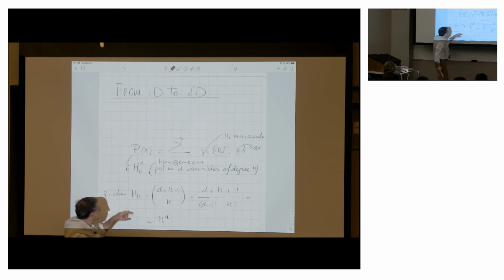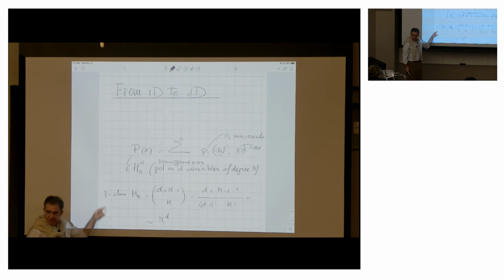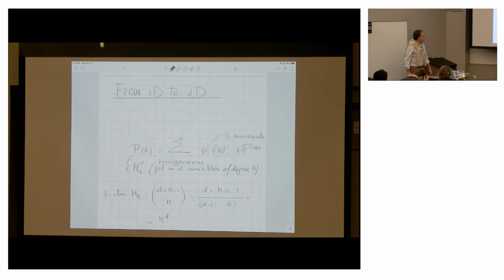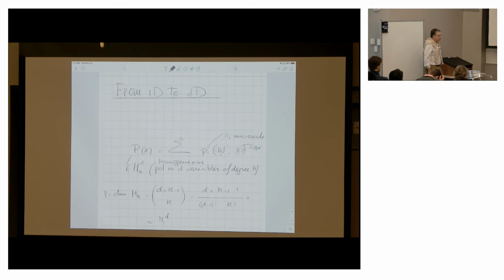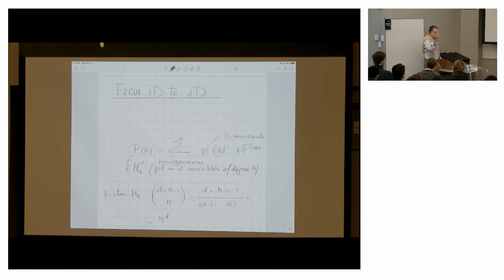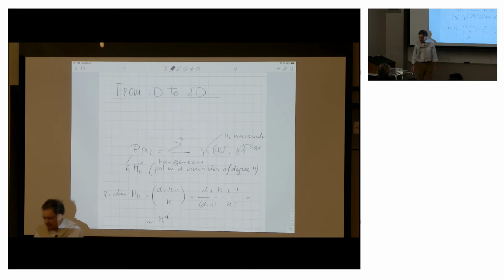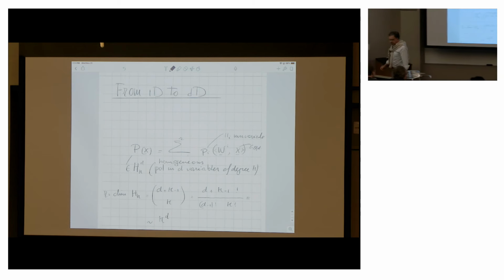R is the dimension of the space of homogeneous polynomials of degree k in D variables. Homogeneous means all the monomials have degree k. And this space is large, as we saw before. So you have a lot of terms there you can play with.